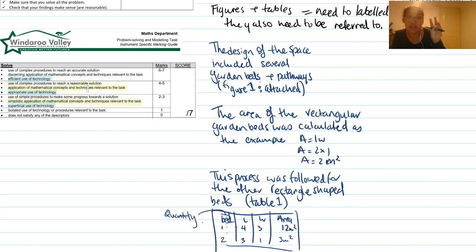And discerning just means with good judgment, application of mathematical concepts and techniques relevant to the task. So that means you're making good judgment on what you would use. So in solving the problem, you might use the appropriate scale.